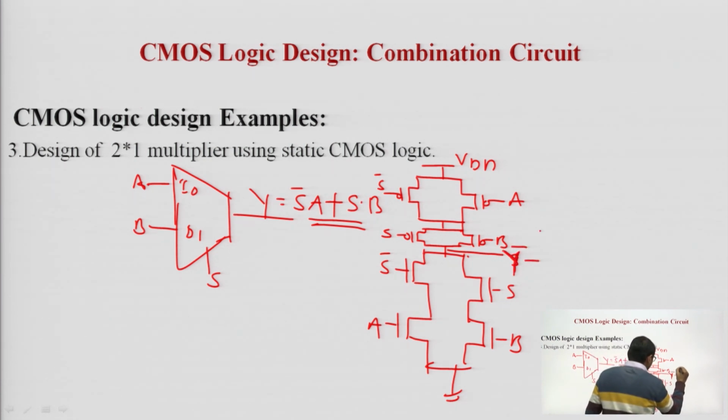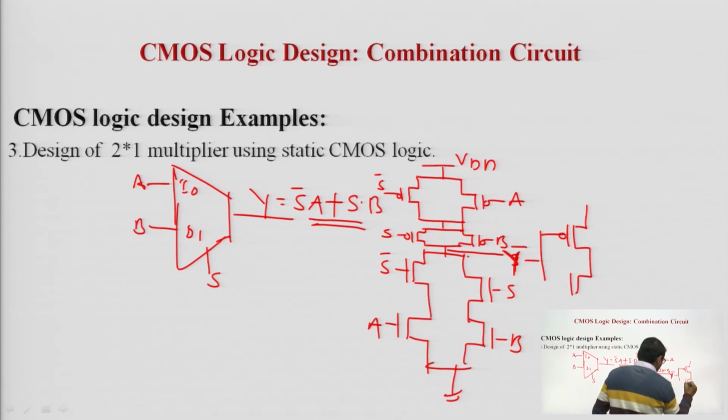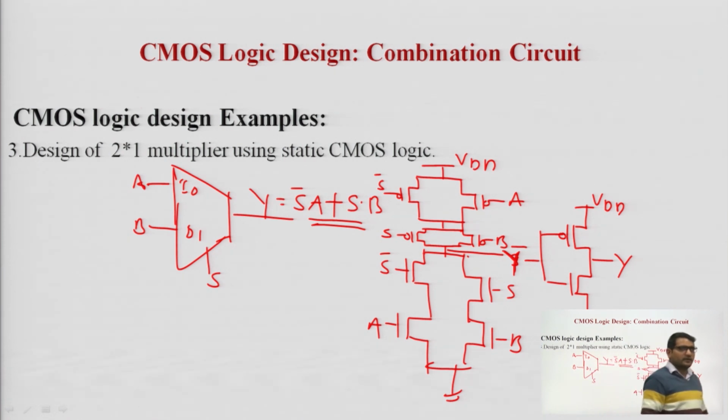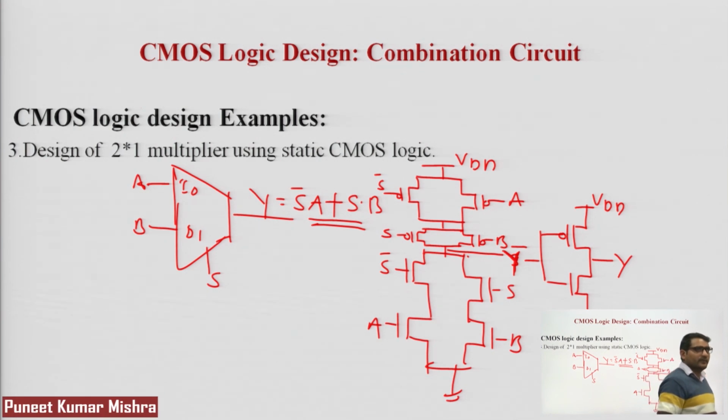We put Y bar; definitely we put a CMOS inverter at the output side, and we get Y. This is the design of the 2 cross 1 mux.